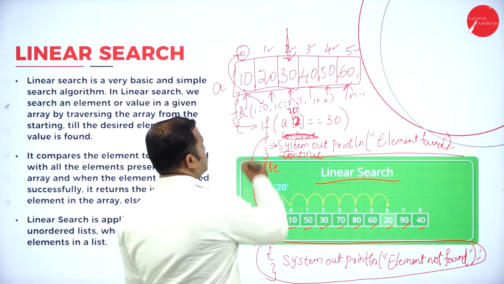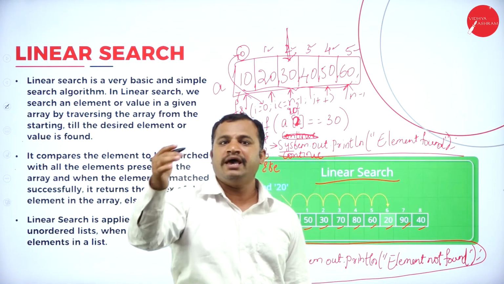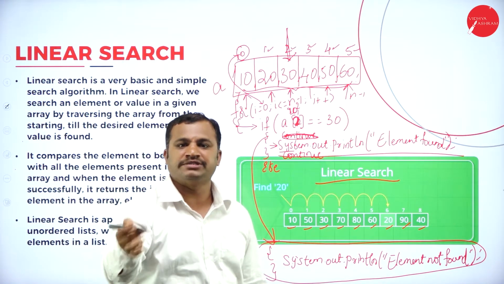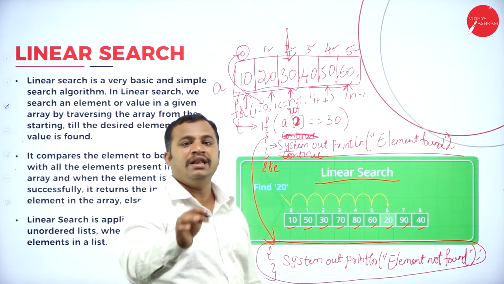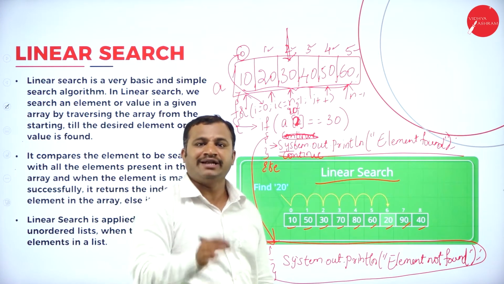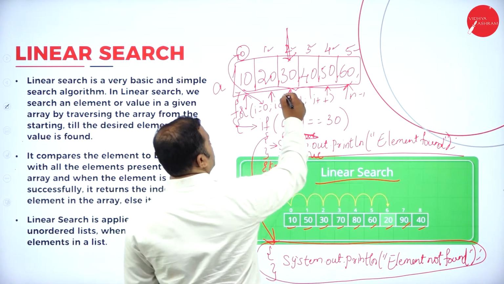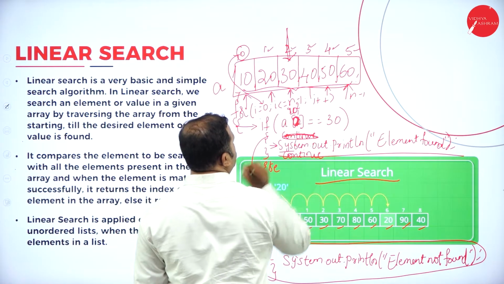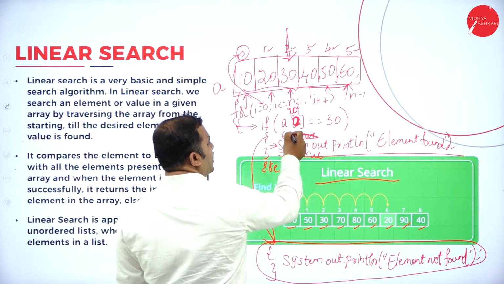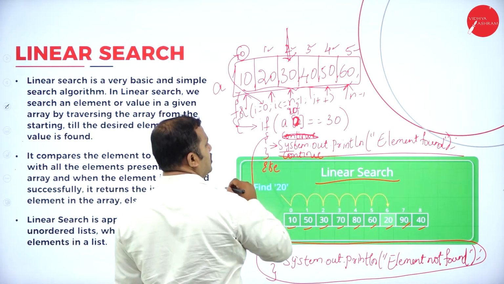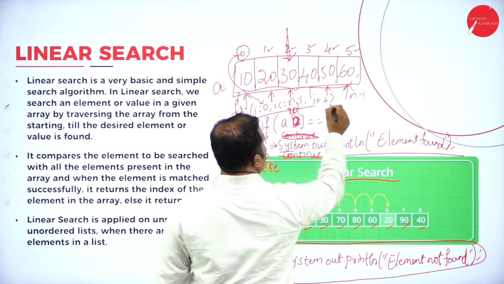Suppose the element which I am searching for is not at all present in this list, then it has to display that the searching element is not present in the list. But in this case, I am searching for the element 30. For a successful search, it has to return the element which is present in the array. If that is the case, A of 0, that is 10, is not equal to 30. Obviously, it has to continue. Now I have the value I equal to 0.